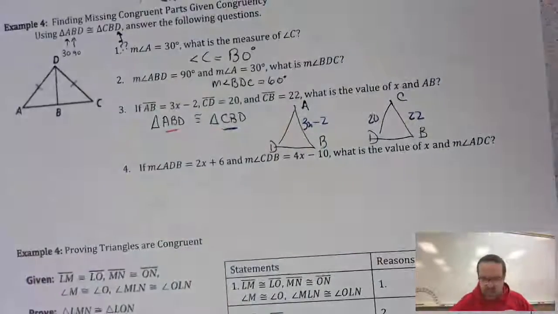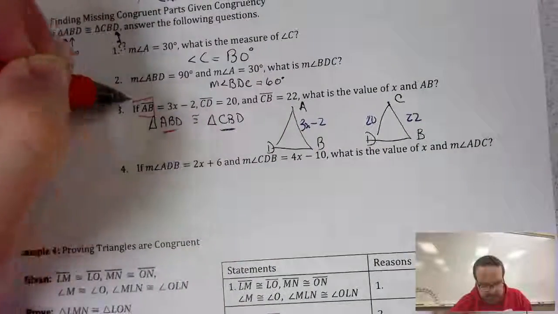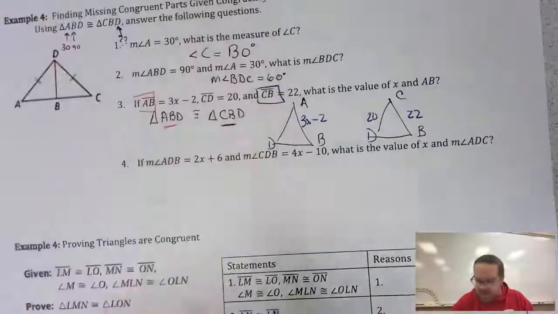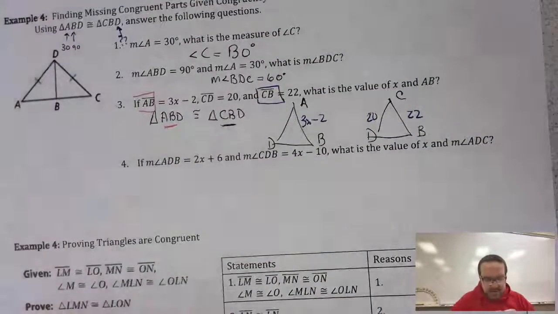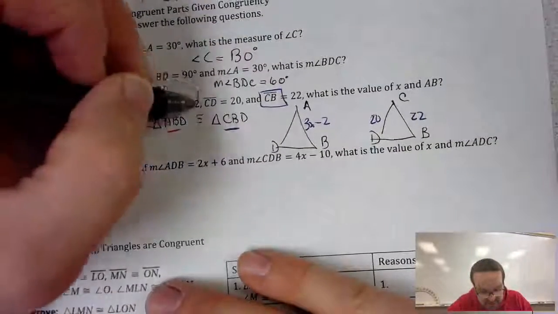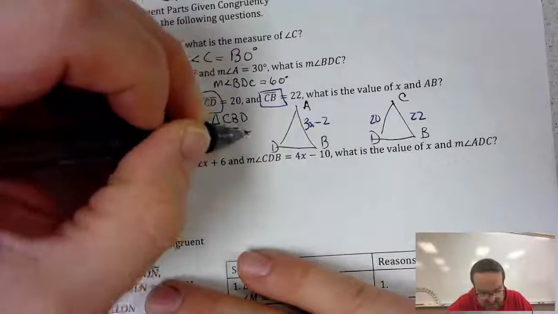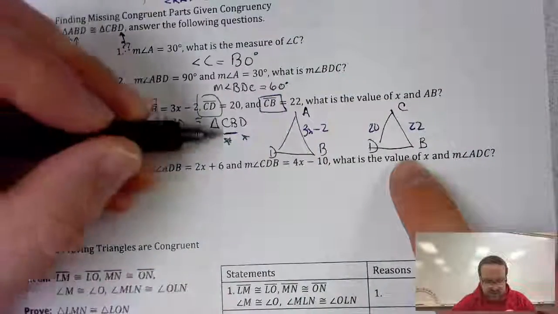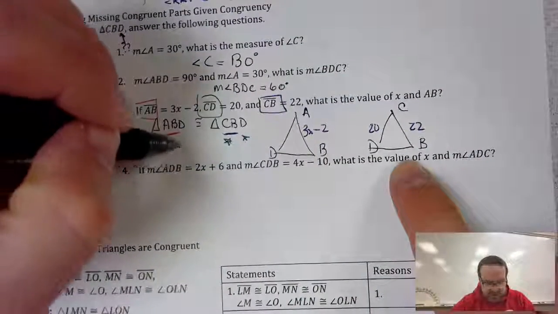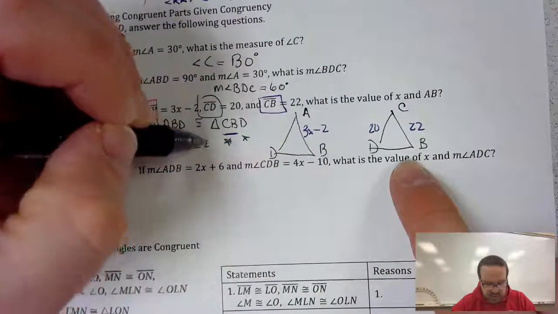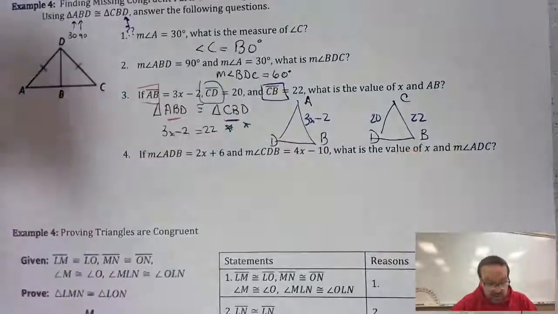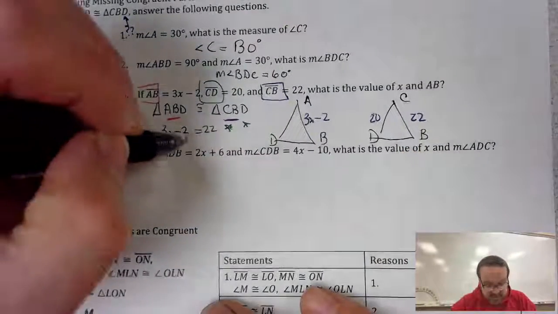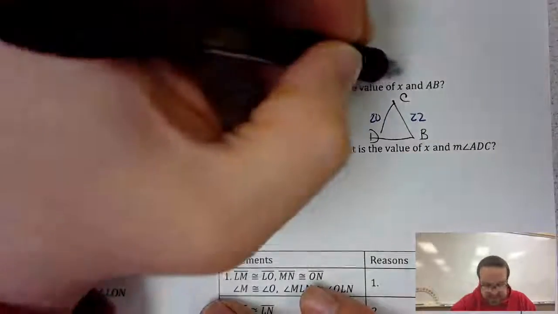So it clearly says I'm going to have this equal to 22, because they both are in the first two positions. 3x minus 2 equals 22. I could add 2 to both sides. I could divide by 3. X equals 8. And if I just plug it back in, well, we know it's already 22, right? Didn't we say that it was going to be the same as this? So we know it has to be 22.